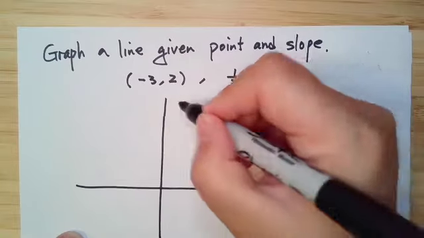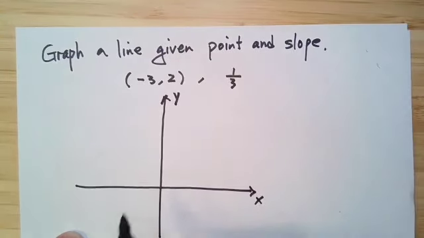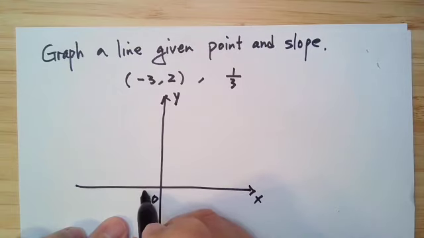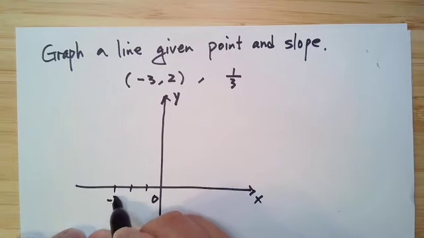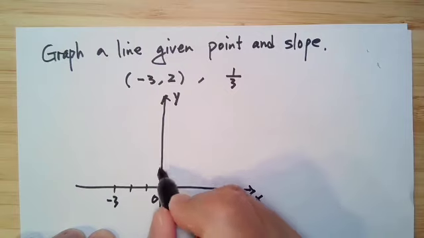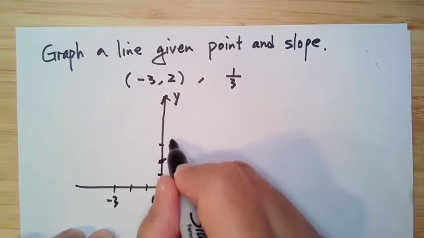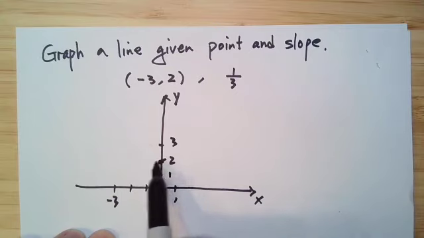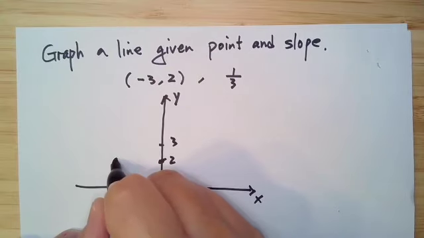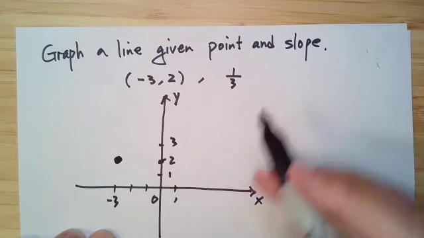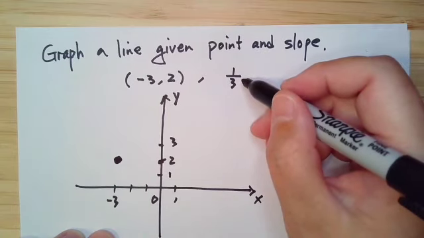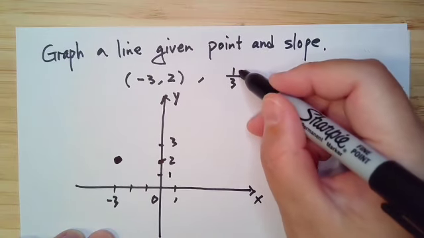X, Y. Here's a 0, so 1, 2, 3. Here's -3, and here's 1, 2, 3. So -3, 2, which is here. This is the given point. And also I have the slope 1/3. What does 1/3 mean? Rise over run.